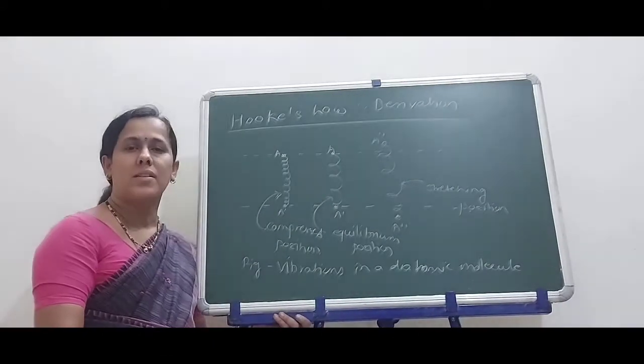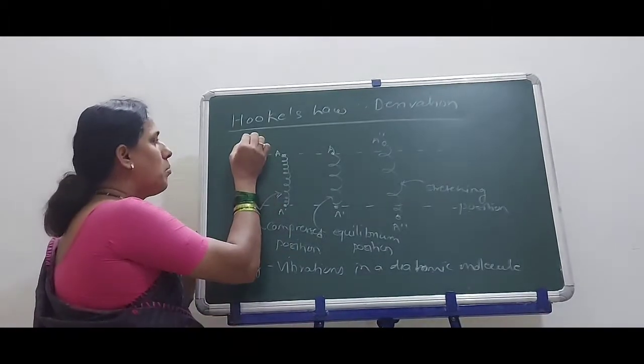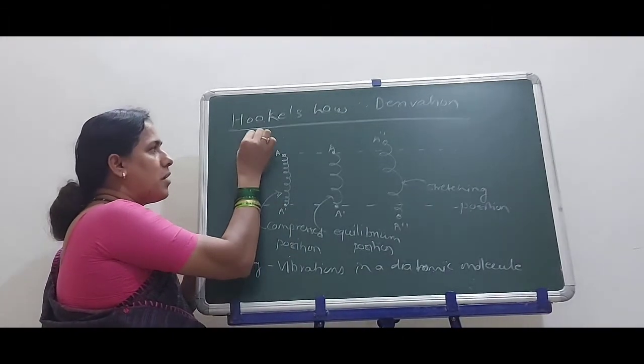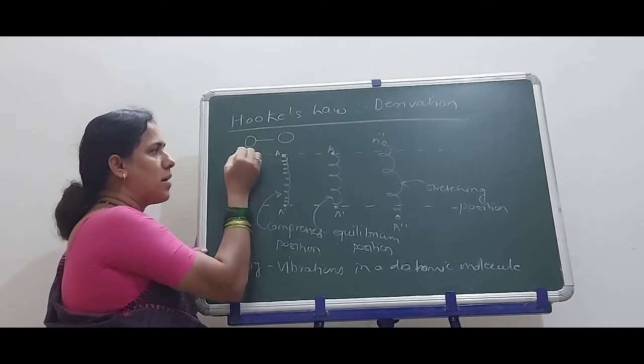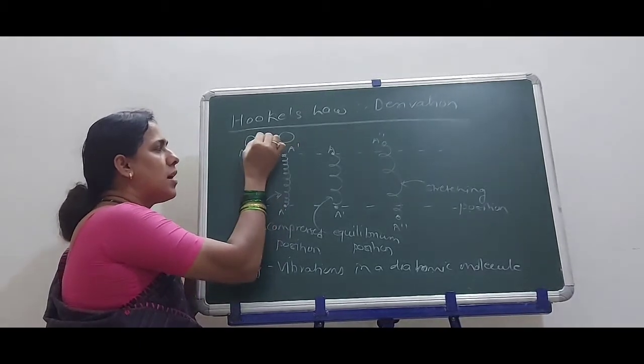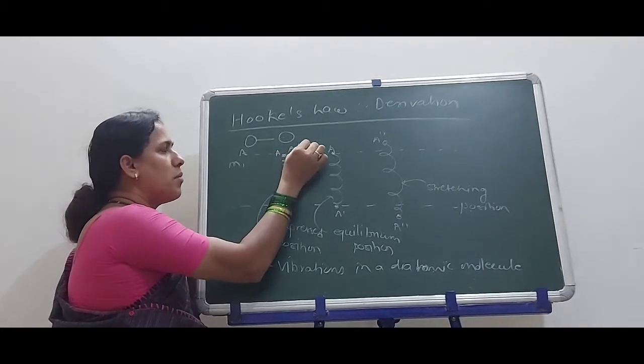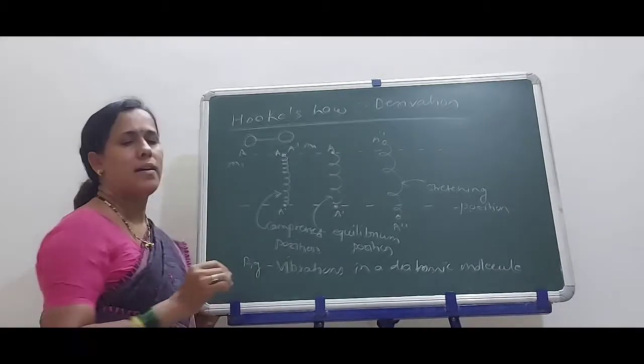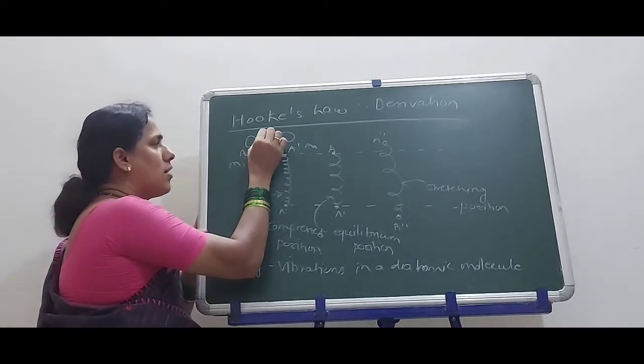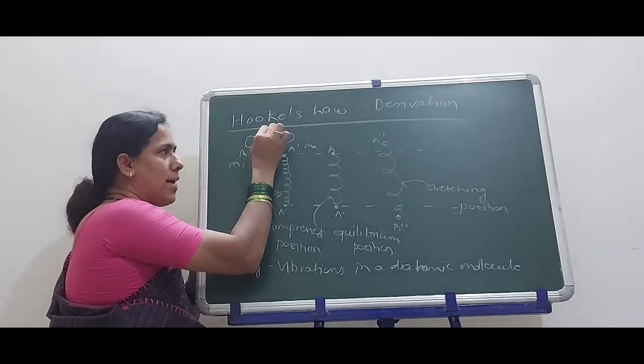Now let us consider a diatomic molecule having two atoms A and B, which have masses m1 and m2 and are separated by a bond distance, equal to x.